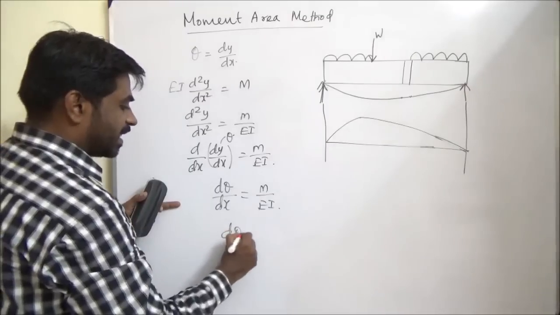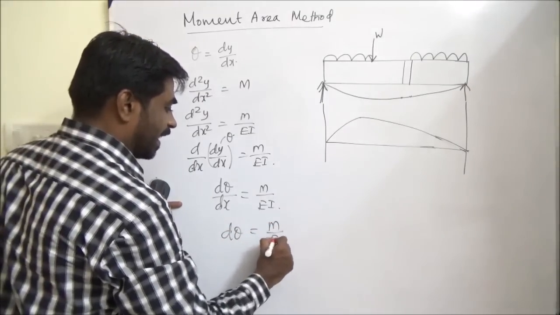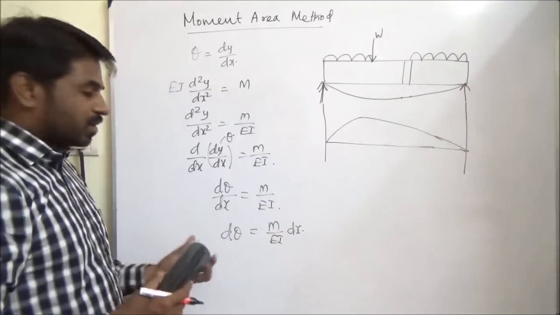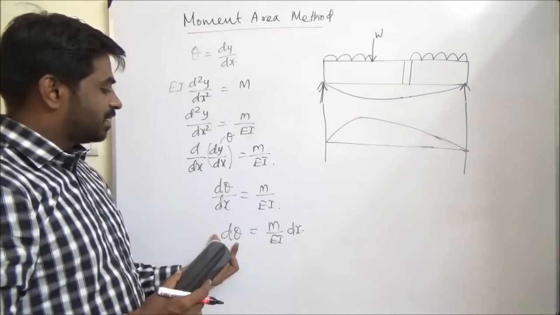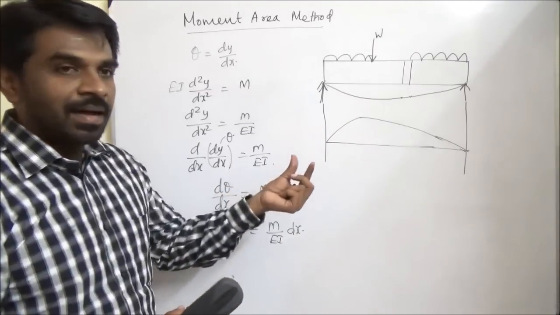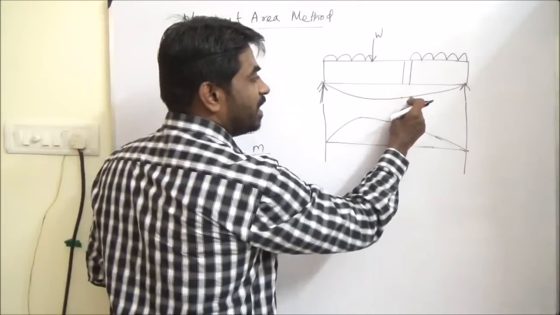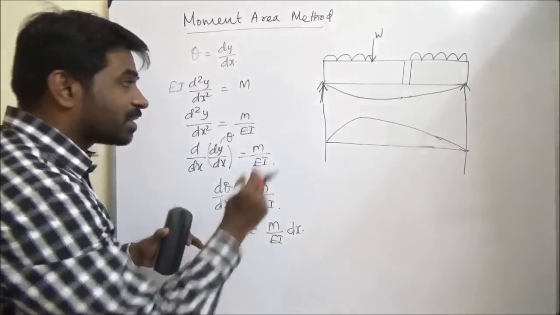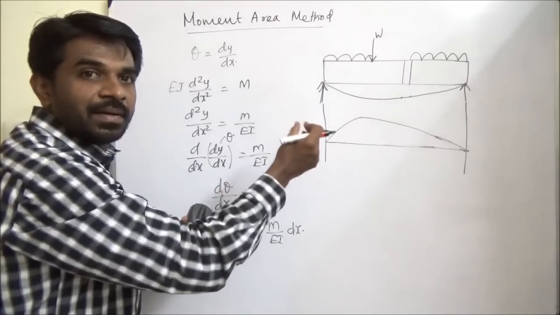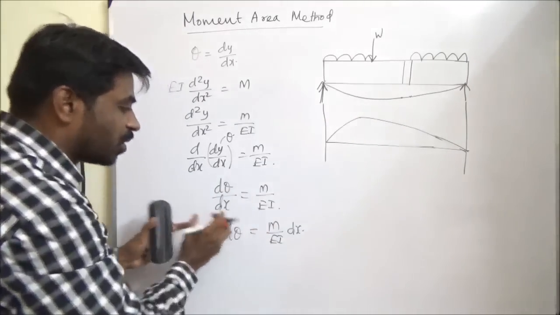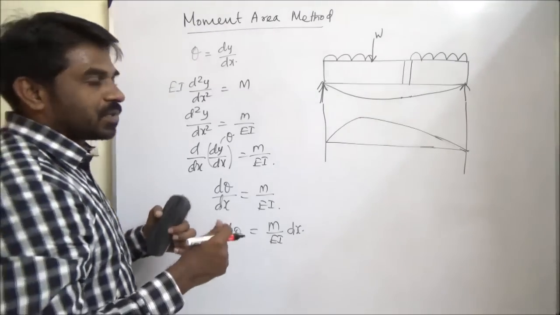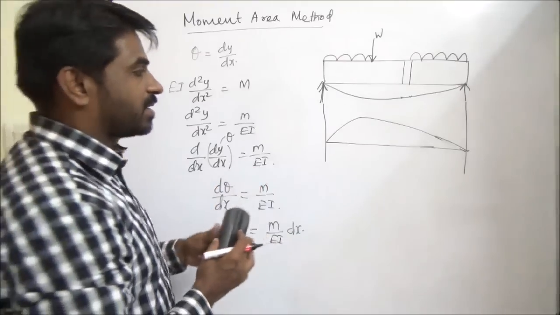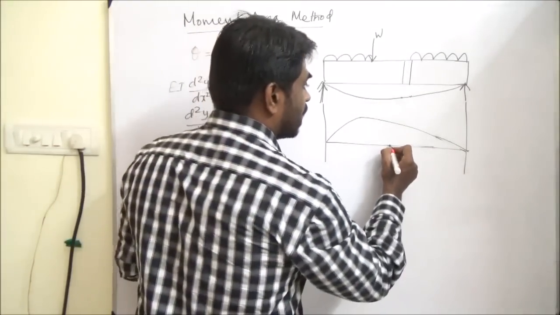So d theta equal to M by EI into dx. So what is this d theta? d theta is the slope between these 2 points, the difference of slope between these 2 points, or the small slope is d theta.